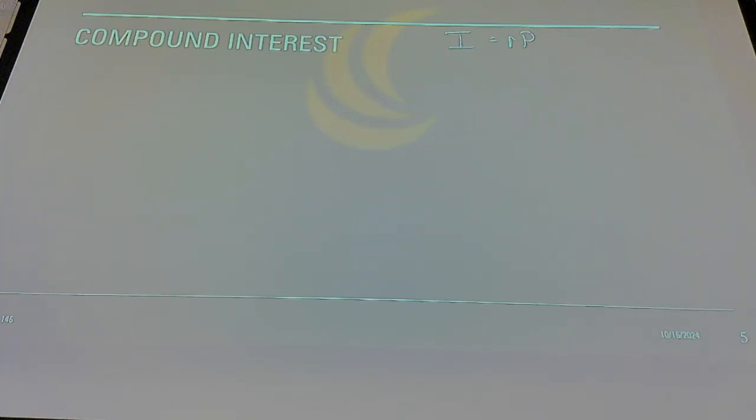Compound interest is when you gain interest on the interest. So you gain $10, so you now have $1,010. Now another period goes by at 1% interest. How much interest did you gain?